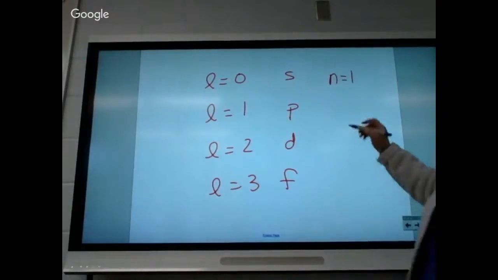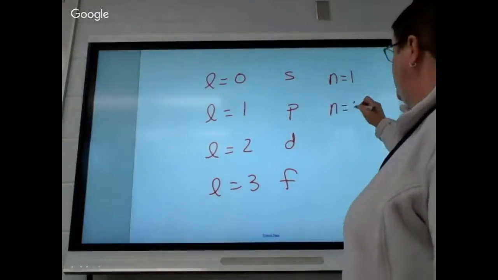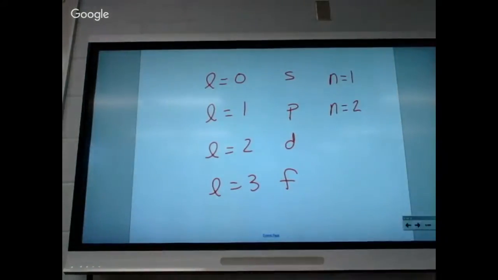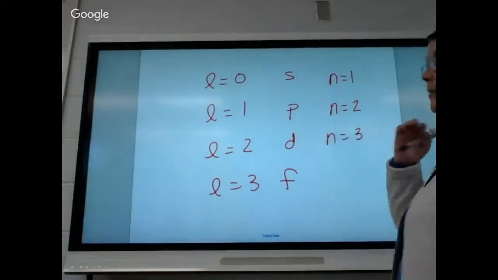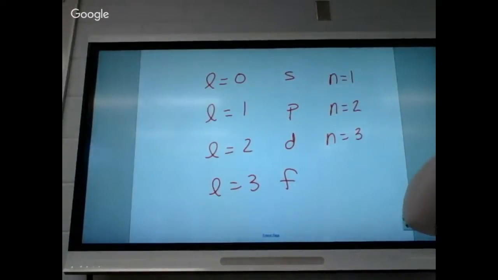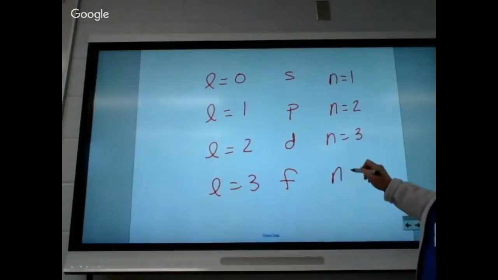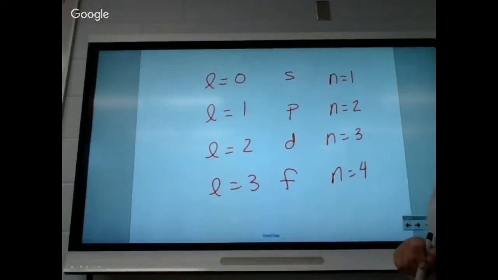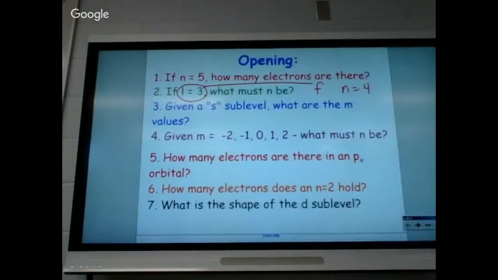That'll be an S. To have a P, n equals 2, because you can have 2 sublevels: S and P. If n equals 3, you can have 3 sublevels: S, P, and D. If n equals 4, you can have 4 sublevels: S, P, D, and F. So if I have L equals 3, that's F, and in order to have an F, the 4th sublevel, you have to have n equal 4.